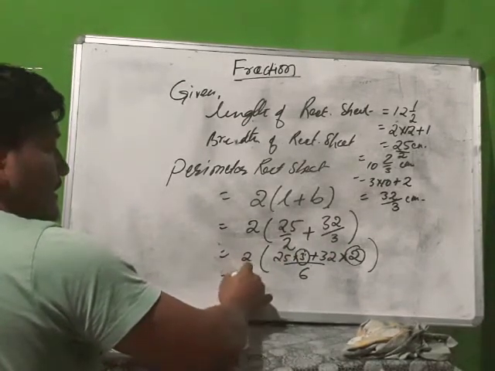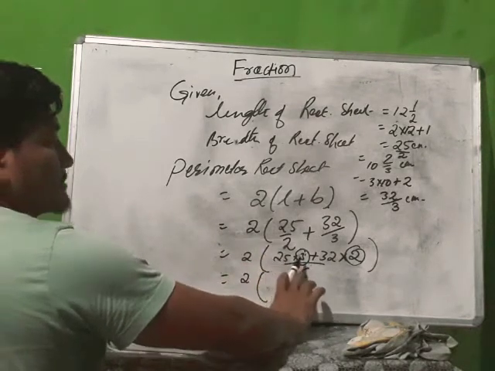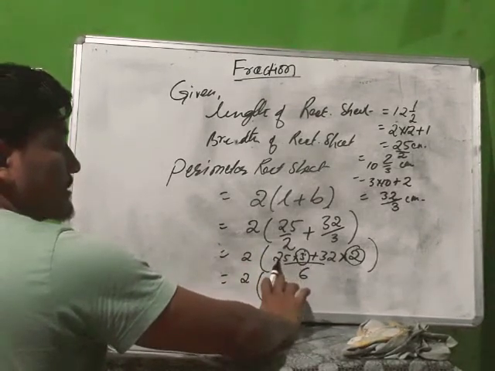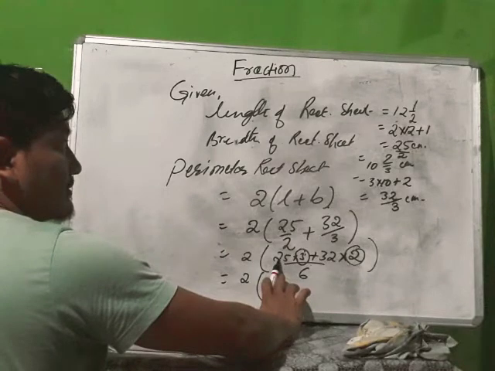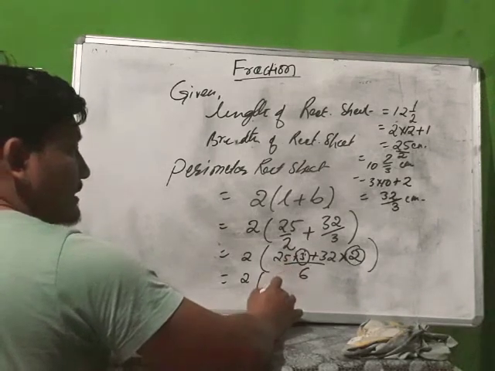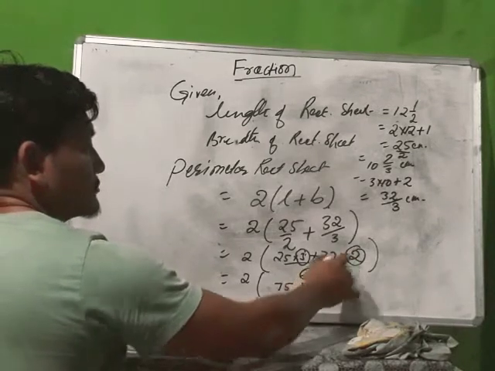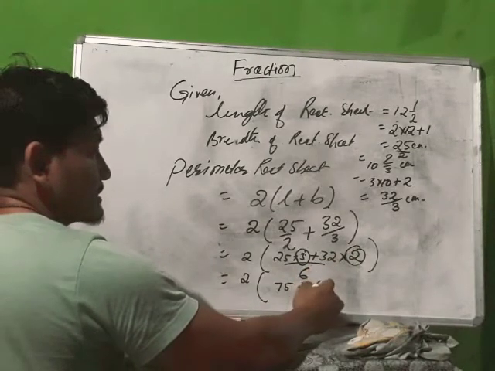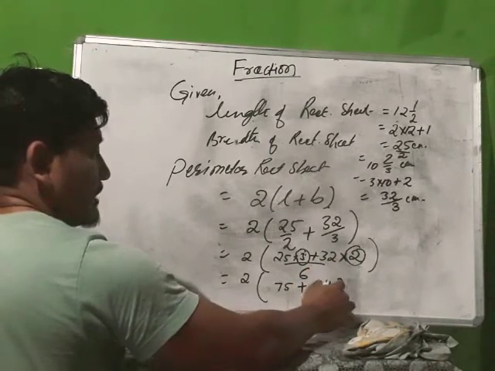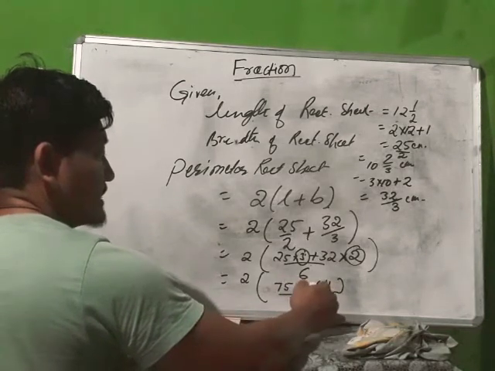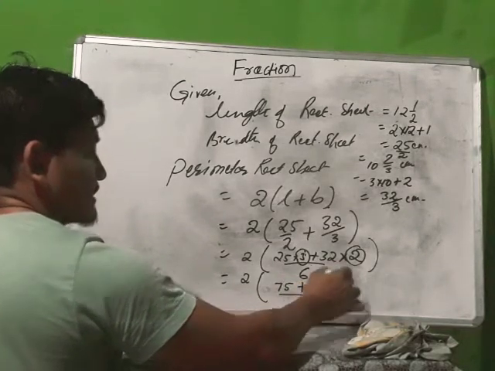So 3 into 25 will be 75, and 32 into 2 will be 64. And here you have the LCM 6.